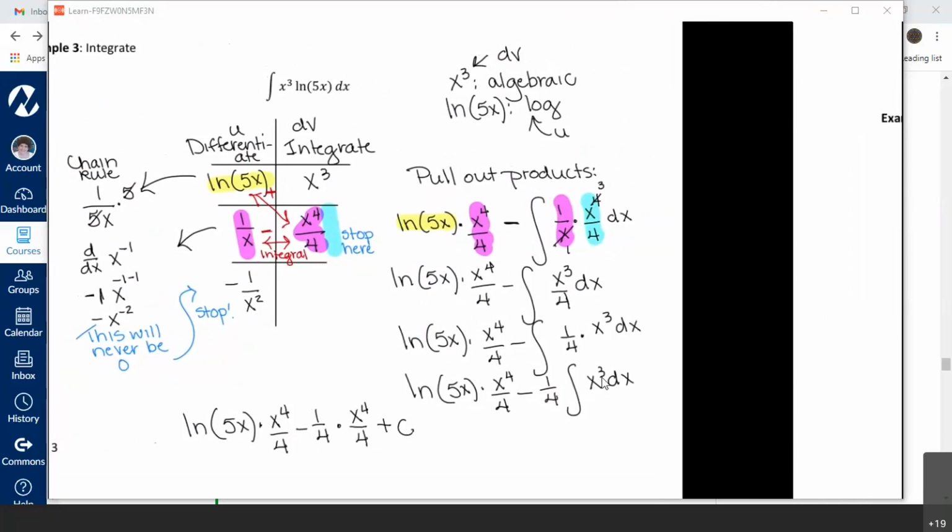Okay, so again, you can see this integrates to x to the fourth over 4 plus c. And then you can just multiply the 1/4 that was outside by the 4 that's dividing. So you have ln 5x times x to the 4 over 4 minus x to the 4 over 16.